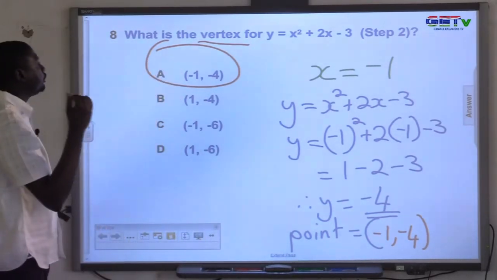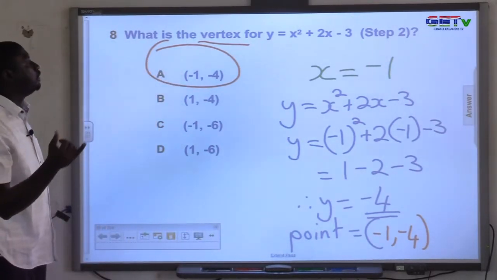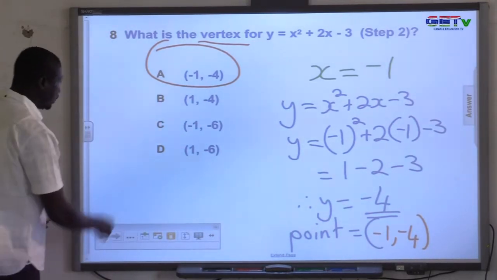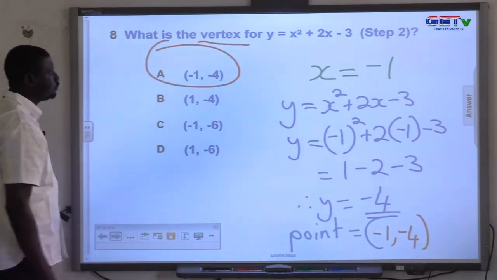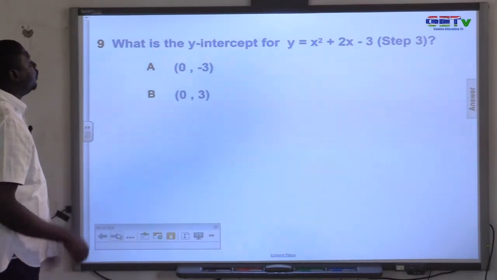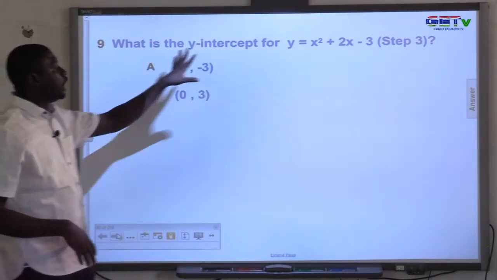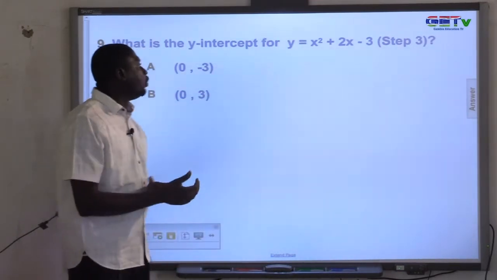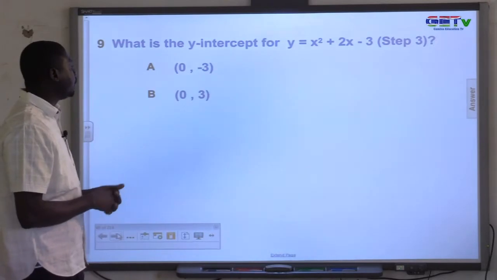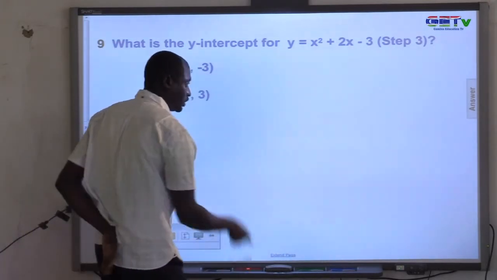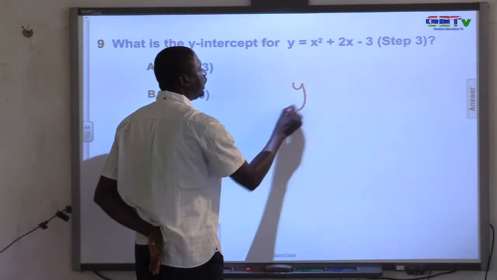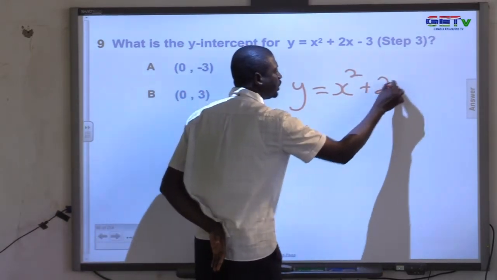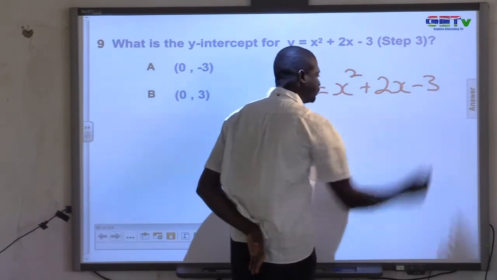So we solved for the axis of symmetry and the vertex. Now we are moving to the next step. Step 3, we have to find the y-intercept of the quadratic function, the same function that we are using, y is equal to x squared plus 2x minus 3.